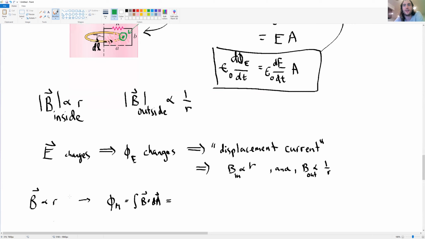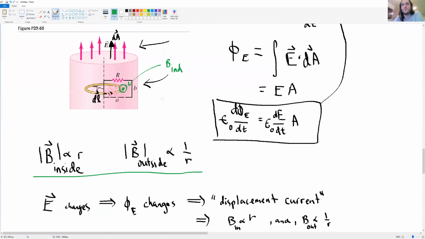Well, it's what we calculated in this part right here. We got what it's proportional to just by analogy. So if E increases, then we oppose that change. So B is coming out of that loop there with the resistor.